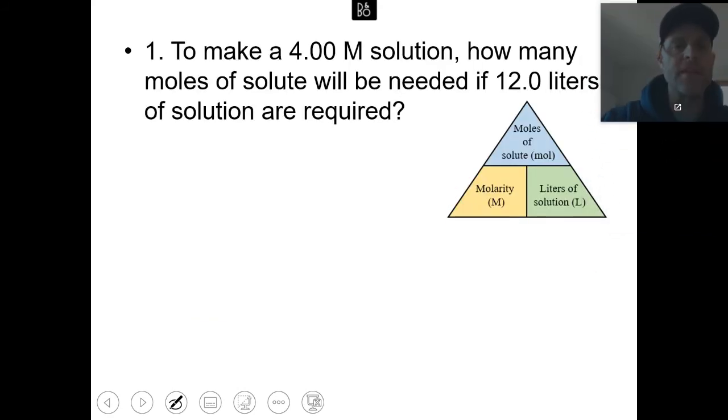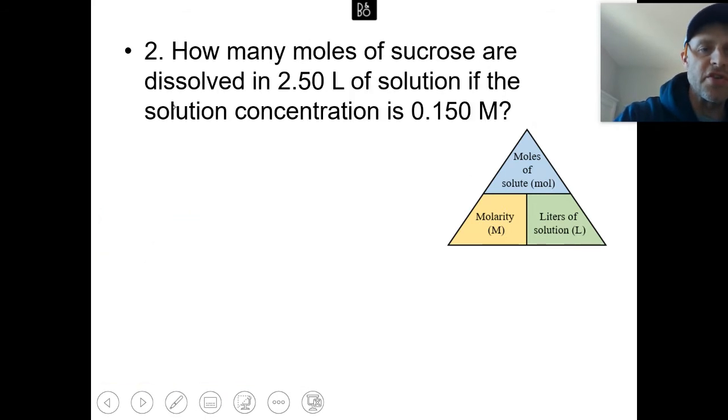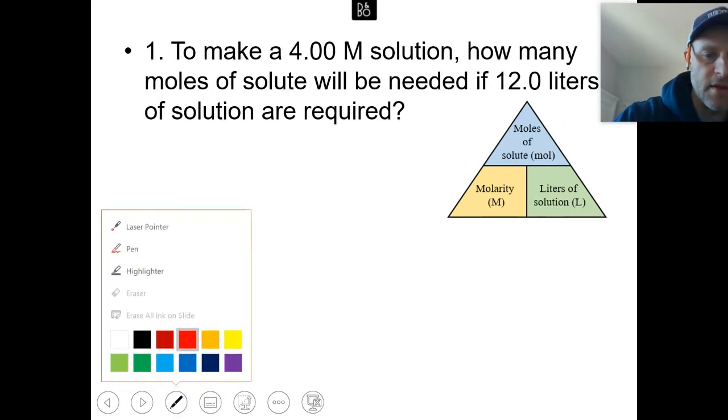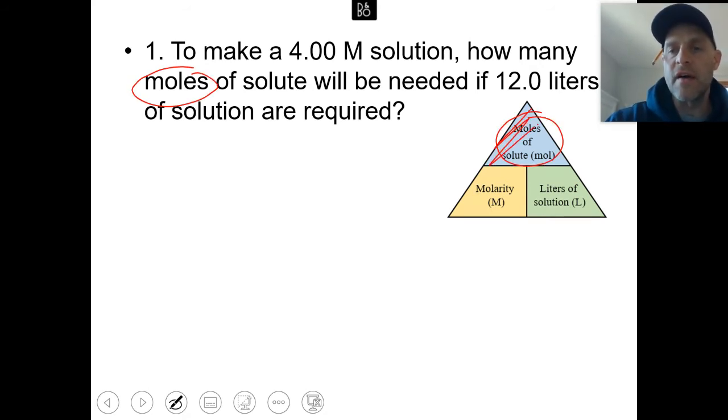Question 1 says, to make a 4 molar solution, how many moles of solute will be needed if 12 liters of solution are required? So I'm solving for moles. I cover it up. What do I have? Molarity times liters.